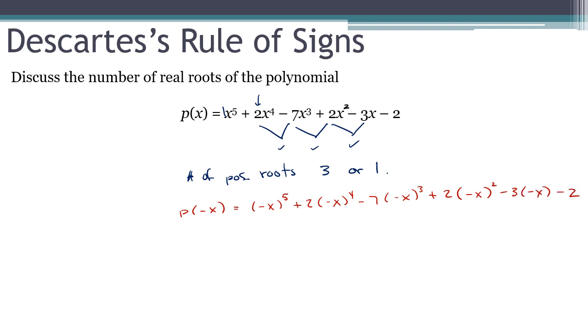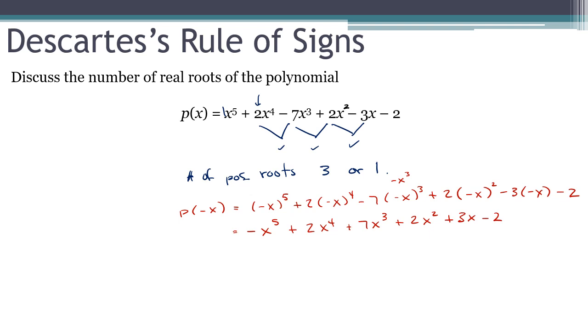All this comes down to is straightening out negative signs. Negative x to the fifth power stays negative x to the fifth. Negative x to the fourth is positive x to the fourth, so this stays 2x to the fourth. Minus x to the third times minus 7 is plus 7x to the third, plus 2x squared plus 3x minus 2.